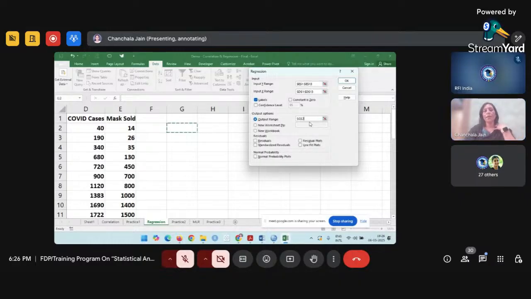Done, ma'am. Even if you stop at this point, if you go with this dialog box and click on OK, you will still get the output. But if you want to test the assumptions of regression, because every statistical test has certain assumptions, you can click on these.